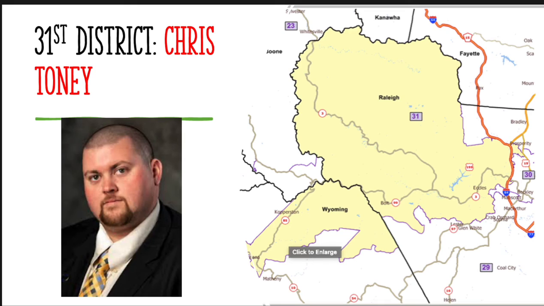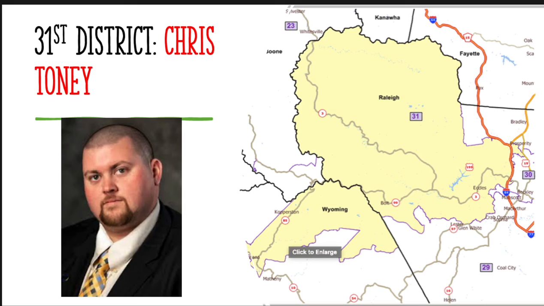But these are the people that represent you. Depending upon where you live, this will be everything west of Ruby Tuesday down to Oceana, and that's Chris Toney. And he goes all the way up to Whitesville near Charleston, Kanawha County. Okay? So those are your three people in our area.